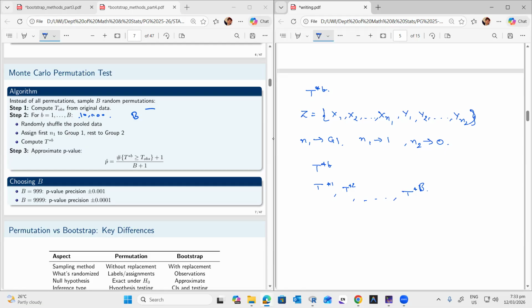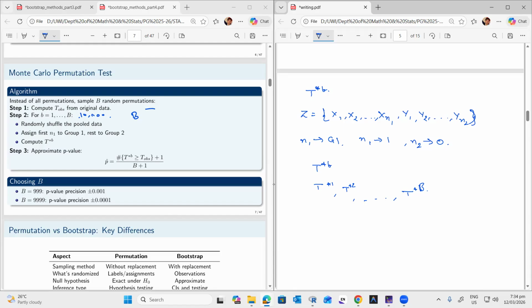This is called the Monte Carlo approximation of the permutation distribution. Then we calculate the p-value in a similar way as we counted earlier: the count of observations where t star b is greater than or equal to t observed, plus 1, divided by B plus 1. I already explained what the plus 1 is.